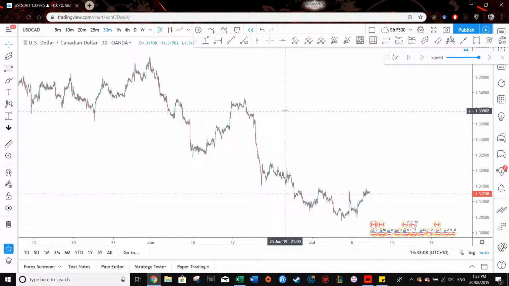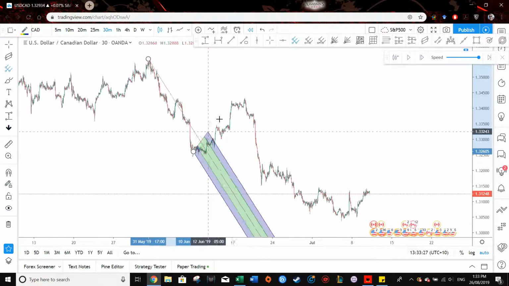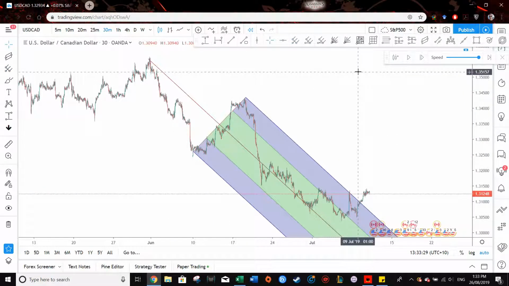The next thing that I want to try and do is, can anyone tell me why I wouldn't try and put a pitchfork on this? Why would it be a waste of time to put a pitchfork on? Without even drawing it, why do you think you know that it's a waste of time?